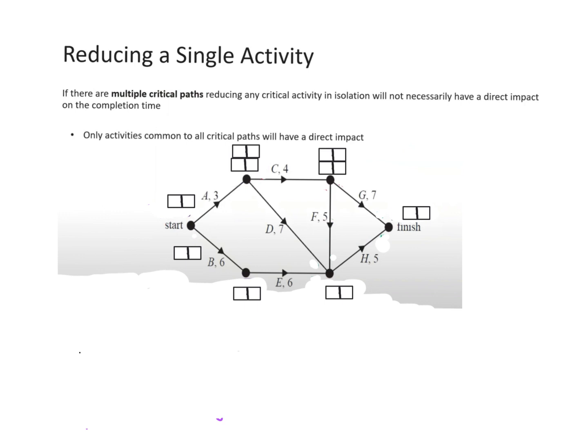All right, so we're looking at reducing a single activity. If there are multiple critical paths, you've got to be aware that is a possibility. Only activities common to all critical paths will have a direct impact.